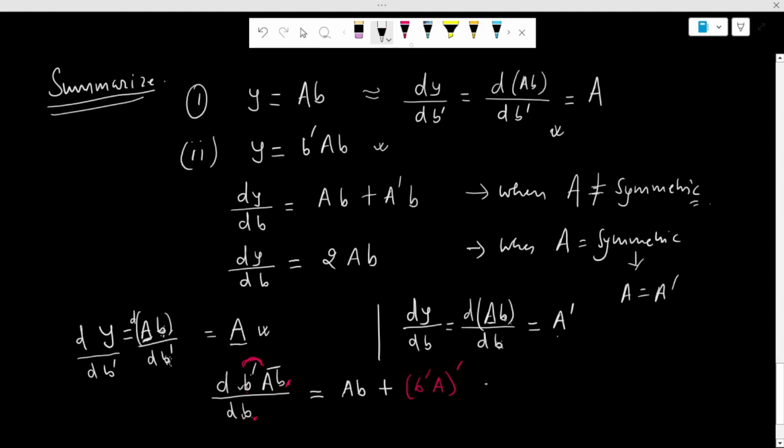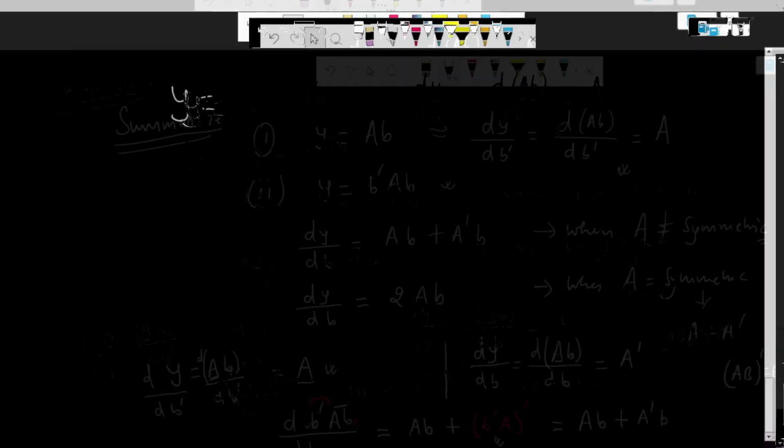And if we operate it, we get AB plus, and the value of AB transpose is equal to B transpose A transpose. We get the result as A transpose B, and the transpose of the transpose is the variable itself. So this is our final result.